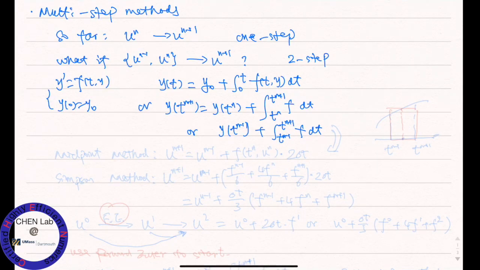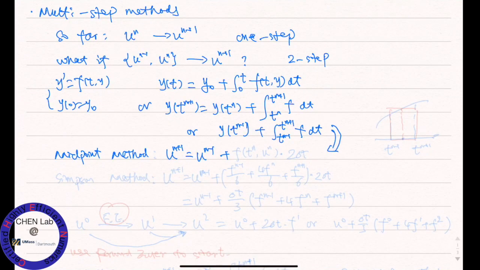In particular, this generates this little observation, the so-called midpoint rule, the midpoint method, a two-step method, which is: u_{n+1} is equal to u_{n-1}. That's an approximation to y at t_{n-1}. Plus, we need to integrate from t_{n-1} to t_{n+1}.